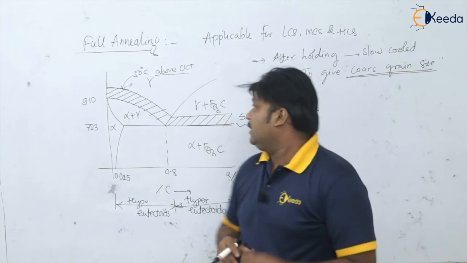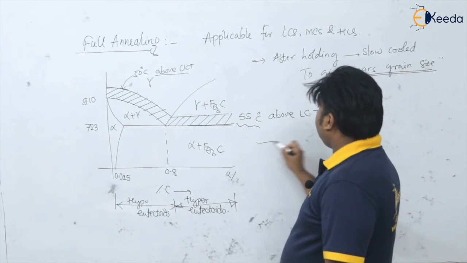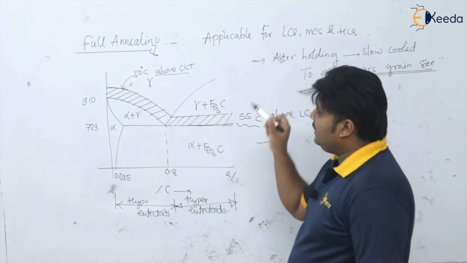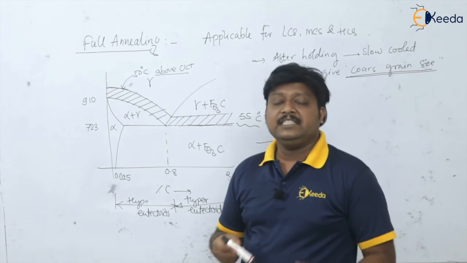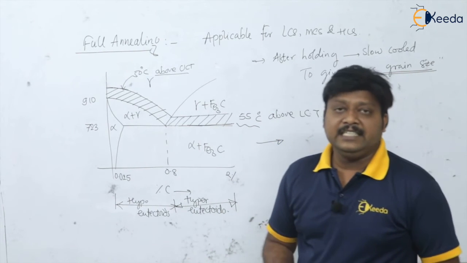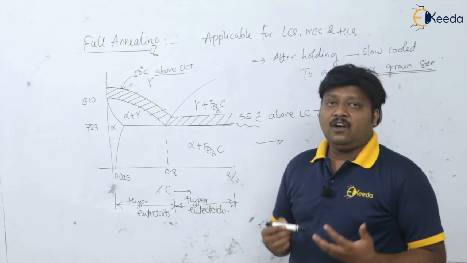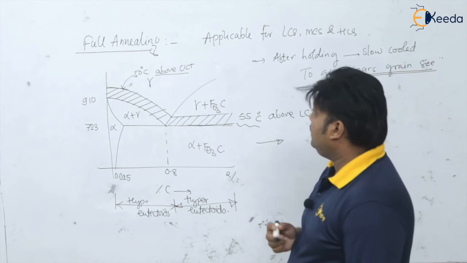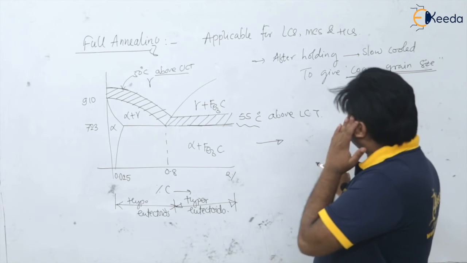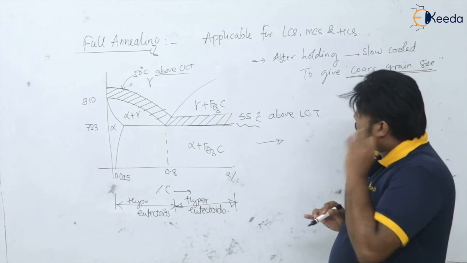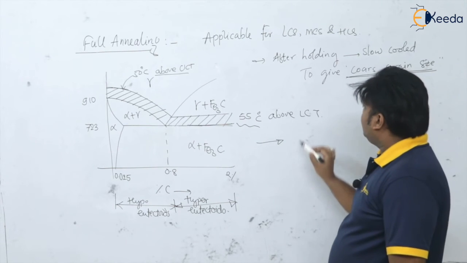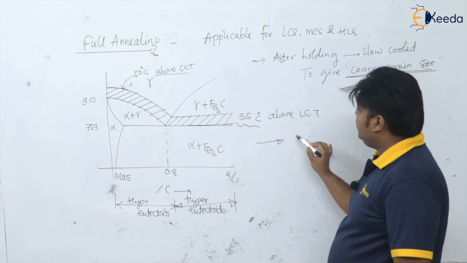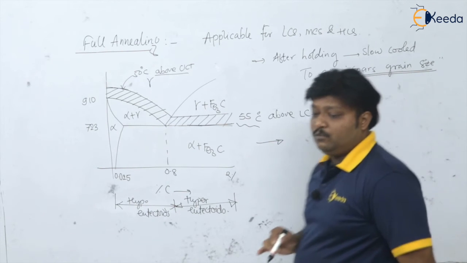Please remember this. Basically the idea behind is that full annealing is used for increasing the ductility and the toughness of a given steel specimen, and this is actually the objective of full annealing. So if I write here for full annealing, what are the advantages that we are going to get?